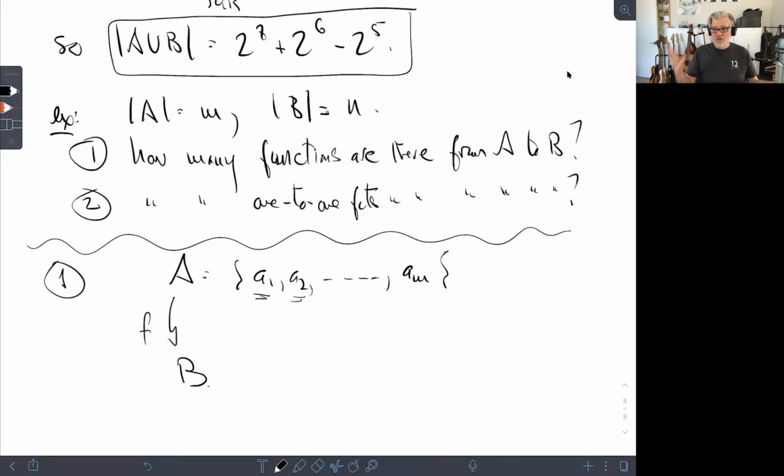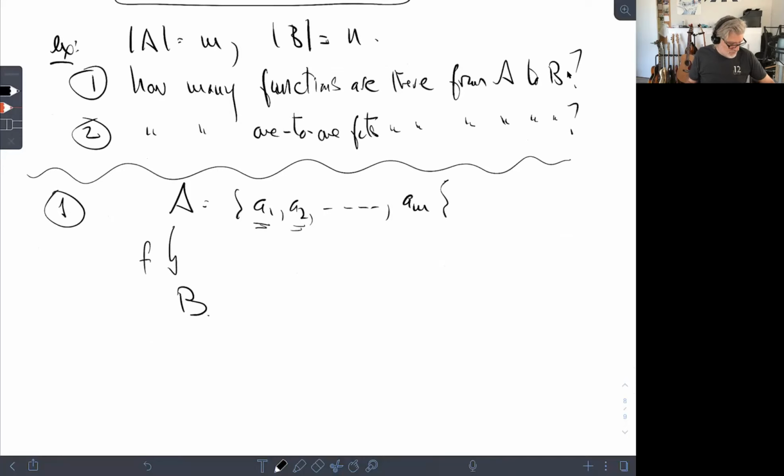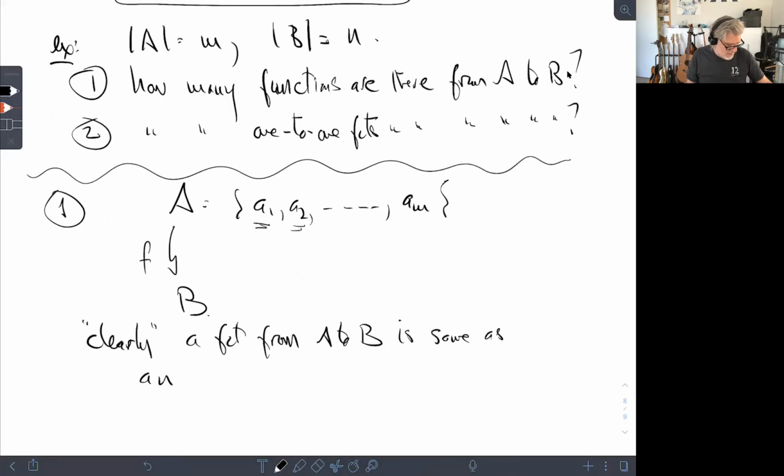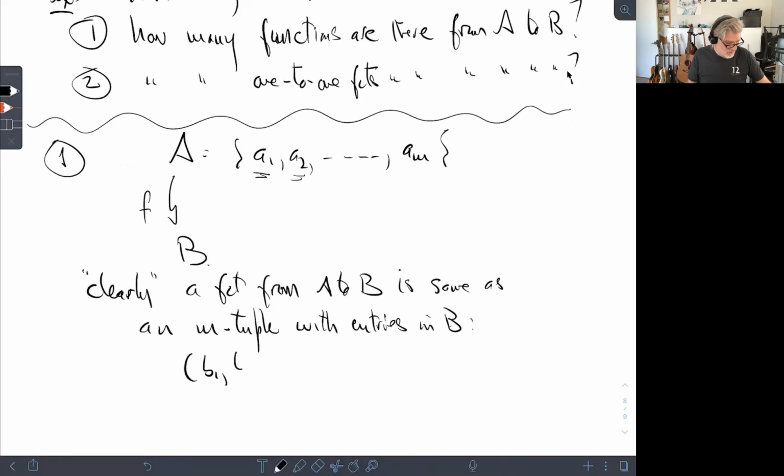If you see it this way, it should be fairly clear that a function from A to B is the same as an m-tuple with entries in B. So it is something of this form, B1, B2, right up to Bm, with each one of these in B, right?